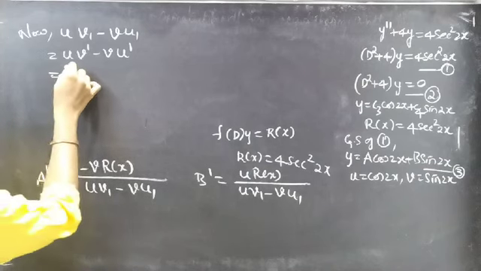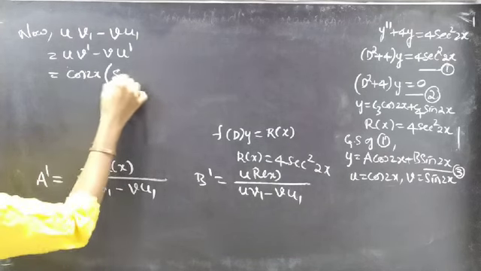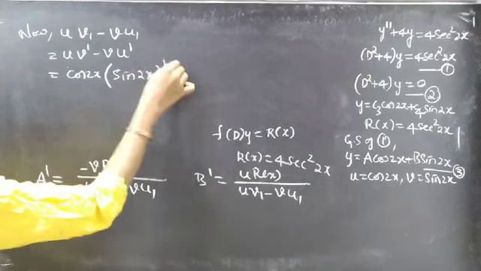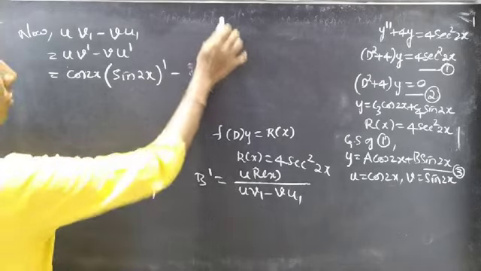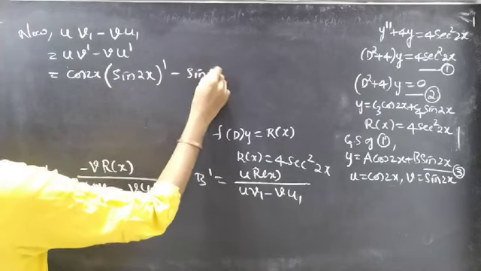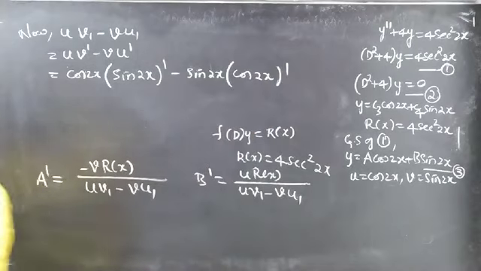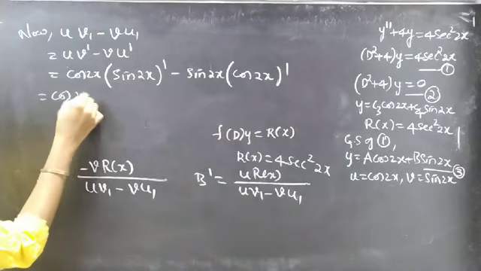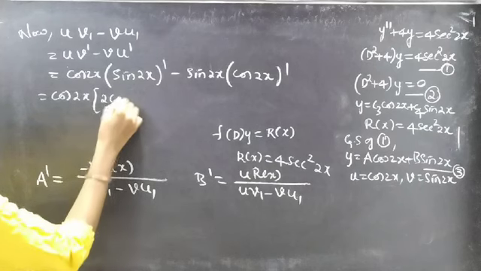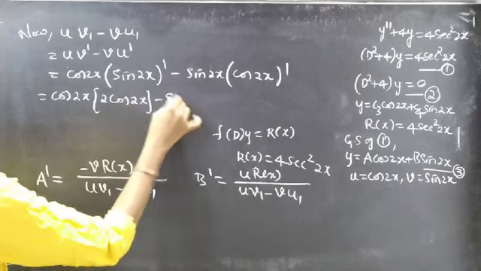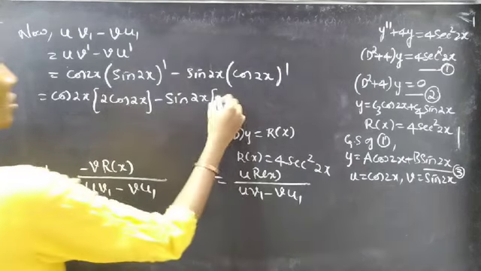What is u here? u is cos 2x into the derivative of v, minus v, which is sin 2x, into the derivative of cos 2x with respect to x. This equals cos 2x into the derivative of sin 2x, which is 2 cos 2x, minus sin 2x into the derivative of cos 2x, which is minus 2 sin 2x.